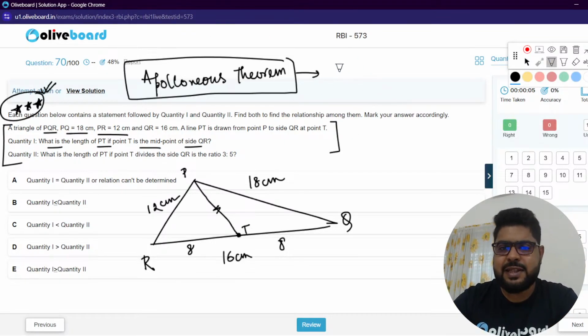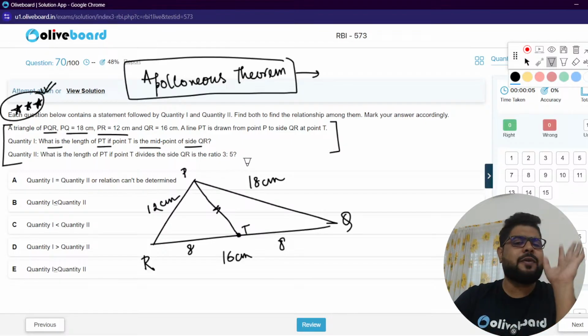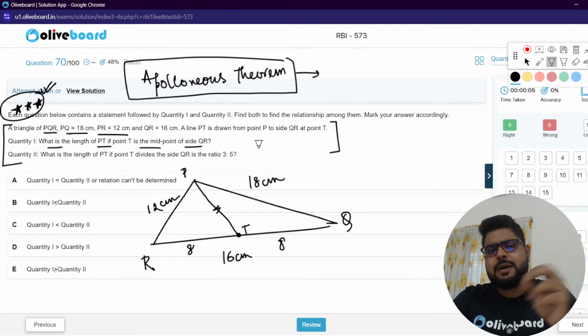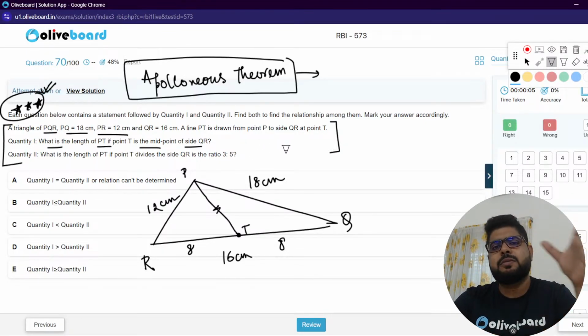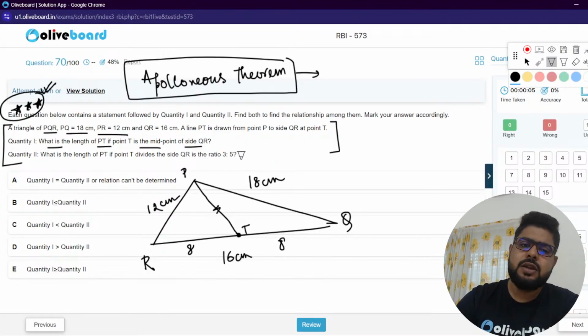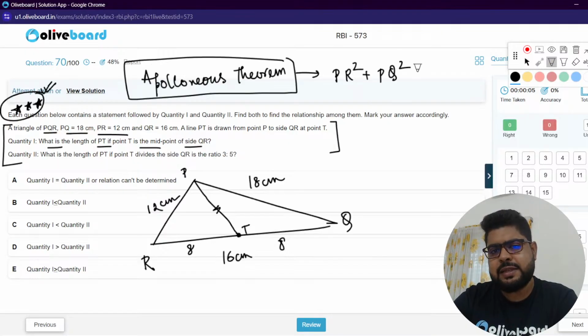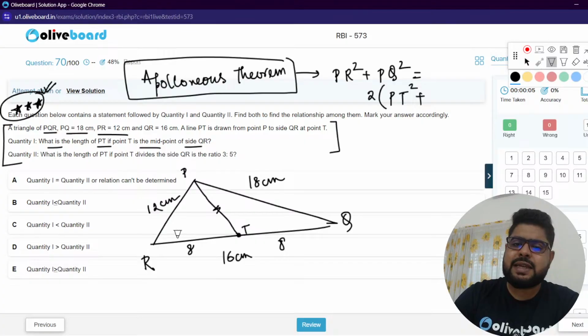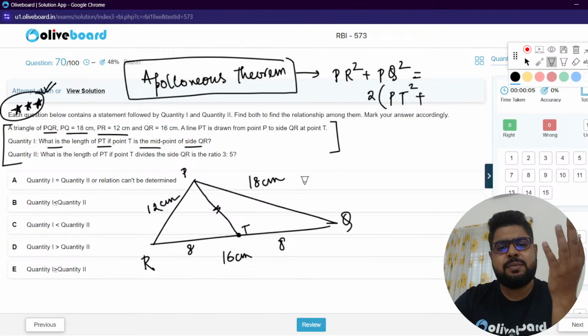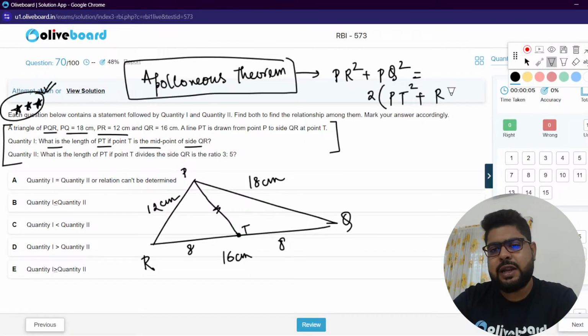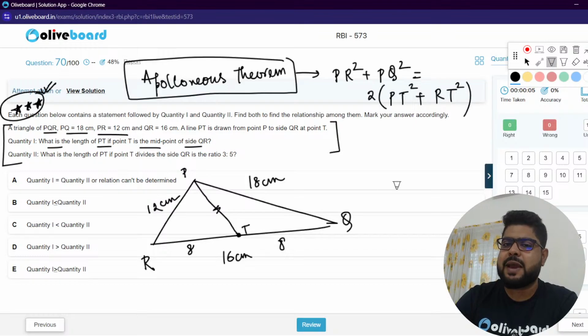Apollonius theorem says, the proof actually comes from Pythagoras only. PR square plus PQ square is equal to 2 into PT square plus any side RT or QT square, both are same because it's the midpoint.